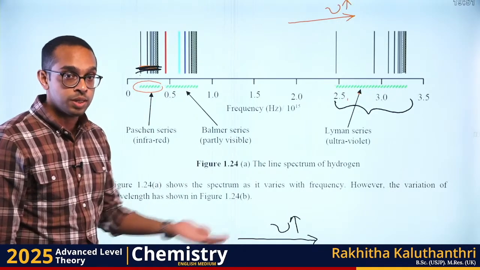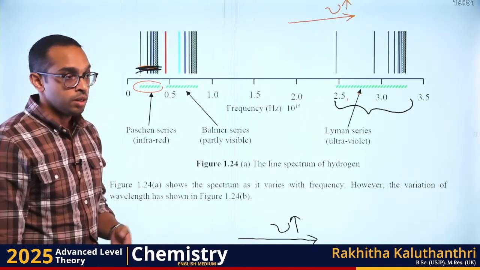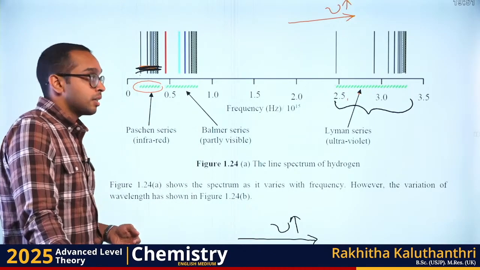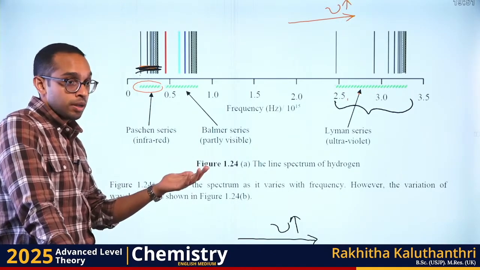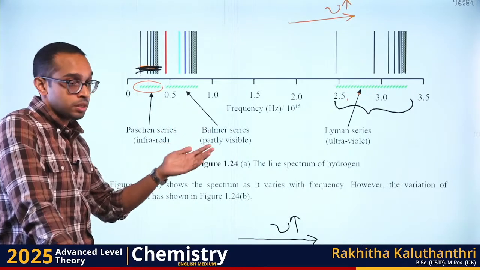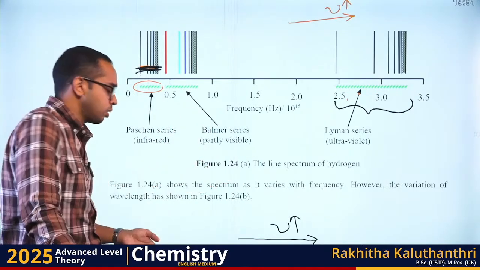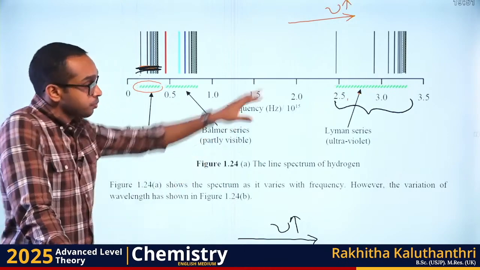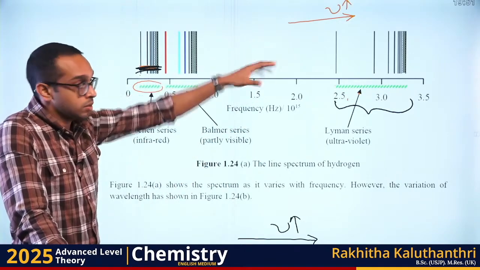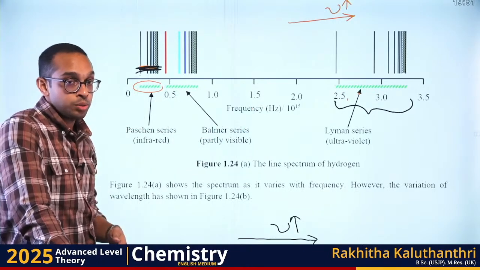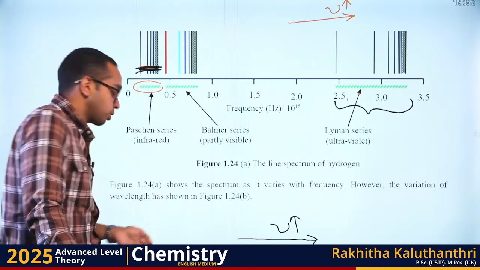Because this is a frequency distribution that we have drawn. Lyman has really high amount of energy, and you can see Lyman is present in the higher frequency area of the frequency distribution, and the line series is broader when it comes to Lyman drawn as a frequency distribution.